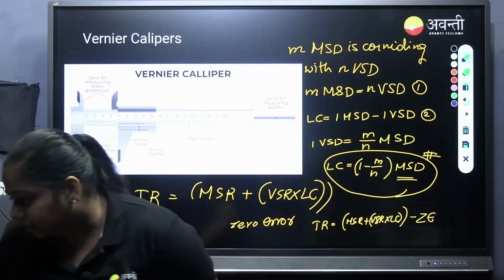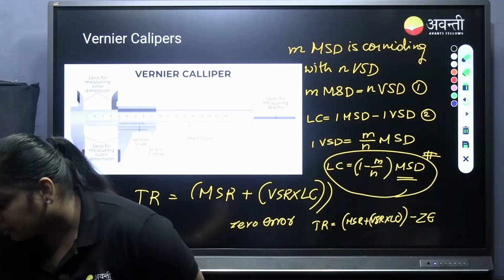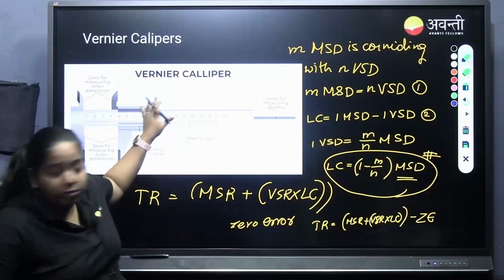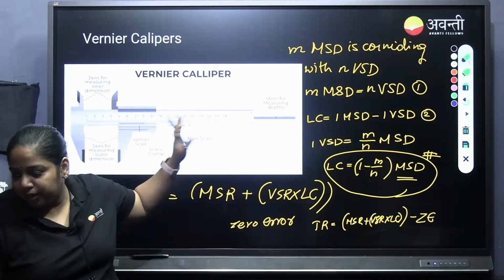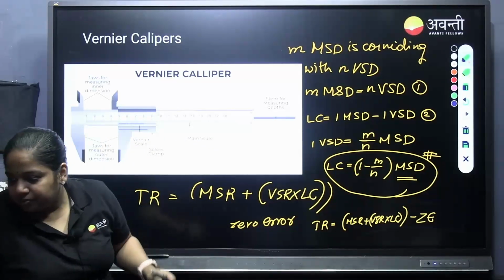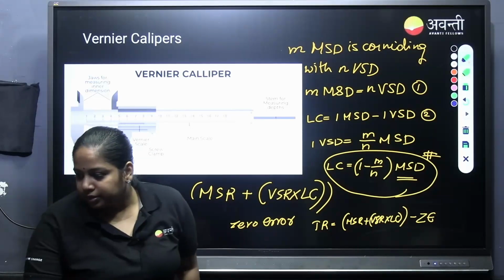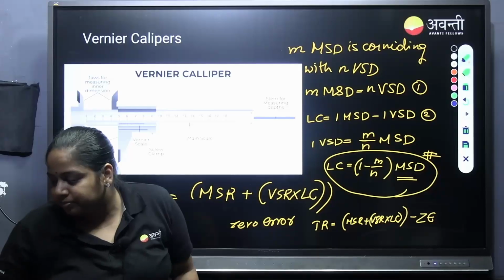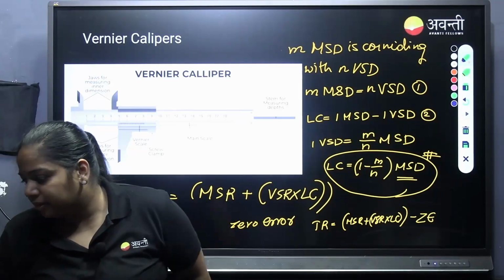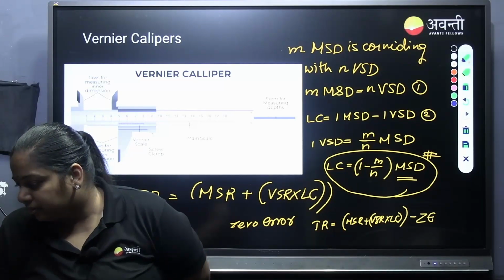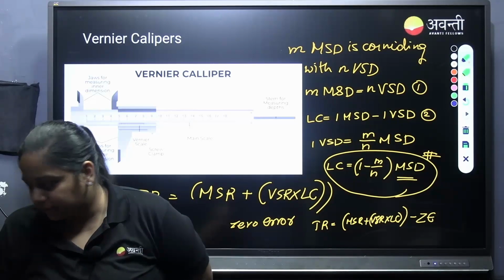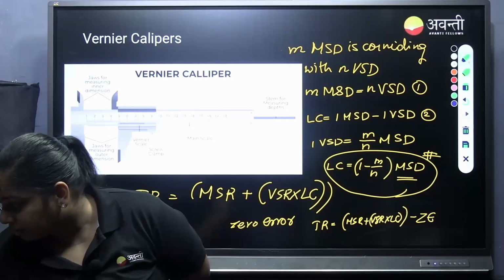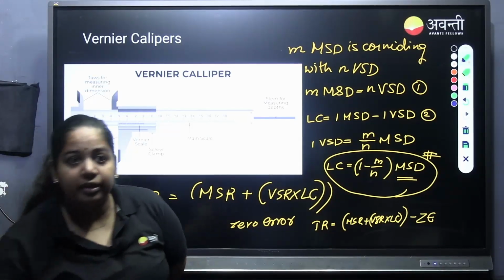What is not clear? Are you talking about this vernier image? Is the image not clear or the writing not clear? Hello? Not clear fully.